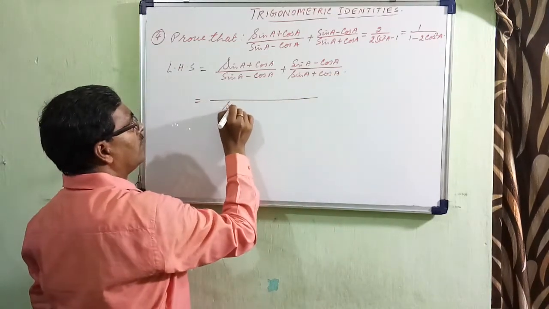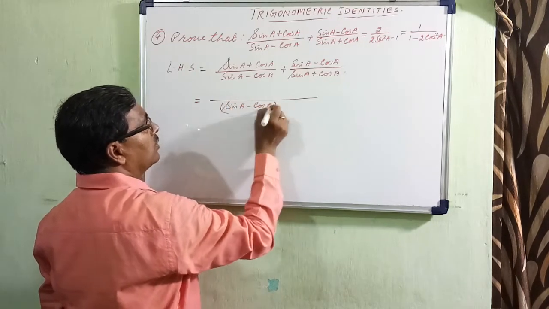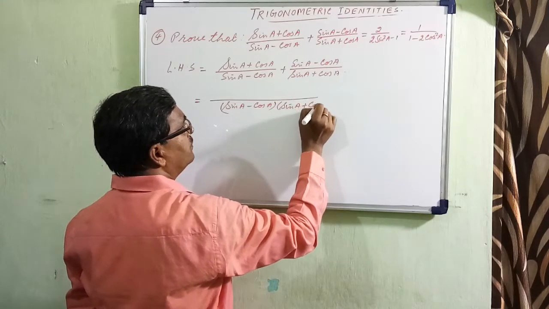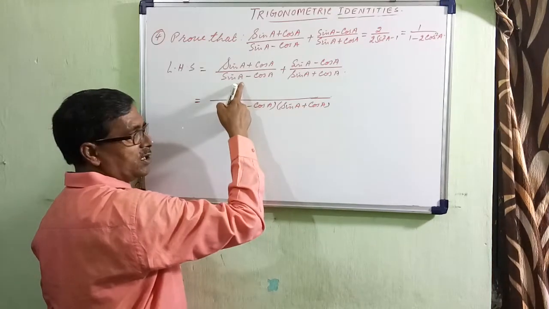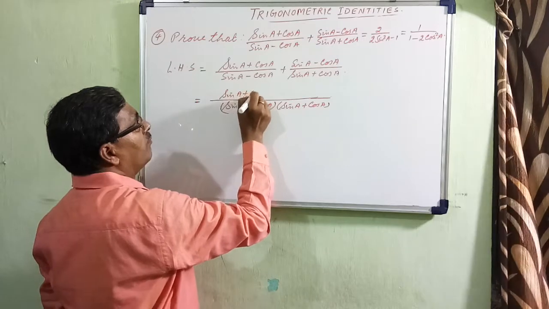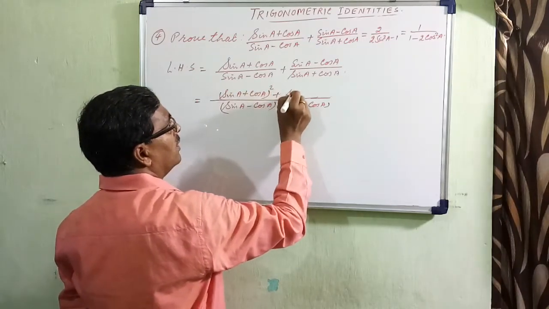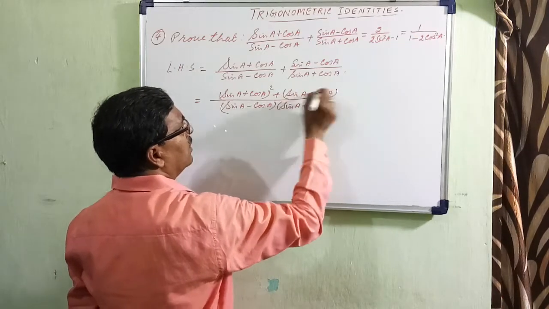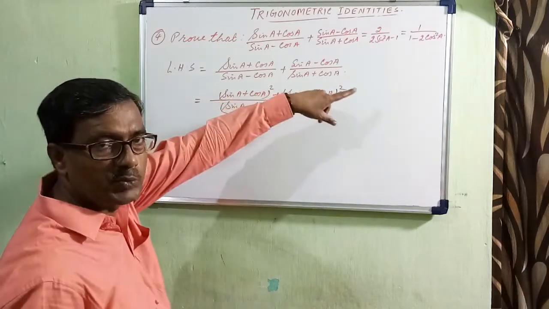What is the LCM? Sin A minus cos A into sin A plus cos A. This LCM is divided by the first denominator. What is left? Sin A plus cos A the whole square, and sin A minus cos A the whole square. You know very well A plus B whole square and A minus B whole square.